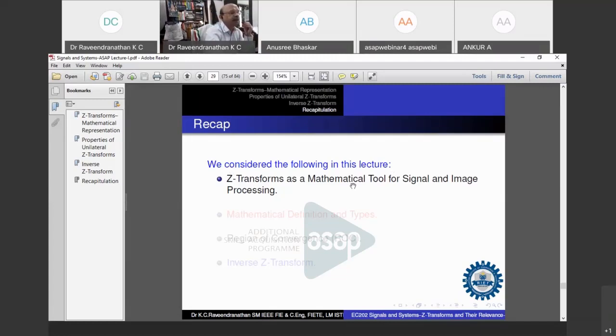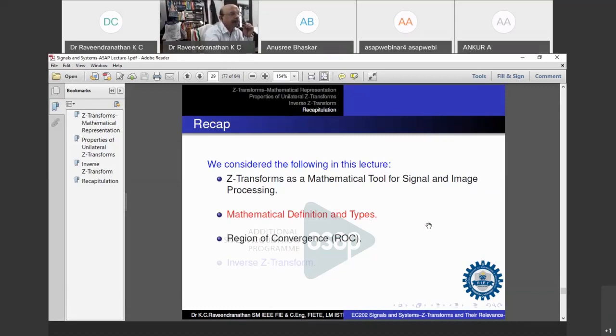The intensity of a black and white picture can be assessed as a two-dimensional matrix x with x and y as independent variables, and the intensity is the dependent variable. So in the case of image processing, you have to consider the two-dimensional Z transform. And we also considered two mathematical definitions for two-sided and single-sided Z transforms, applied to unilateral and bilateral sequences.